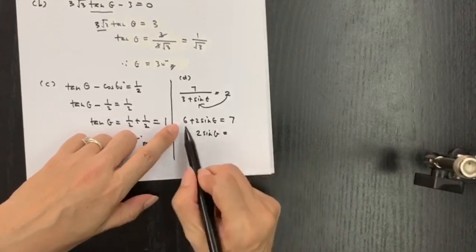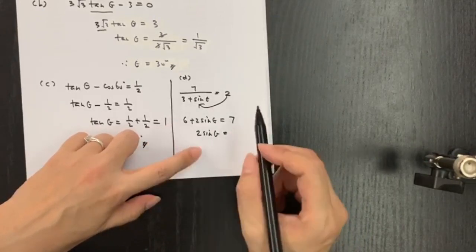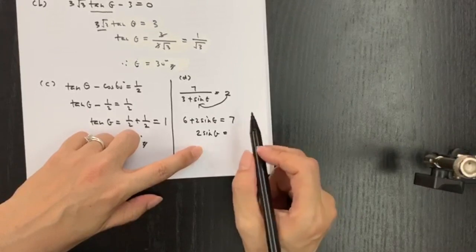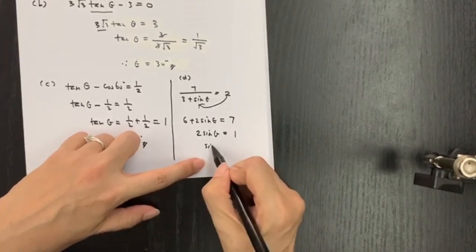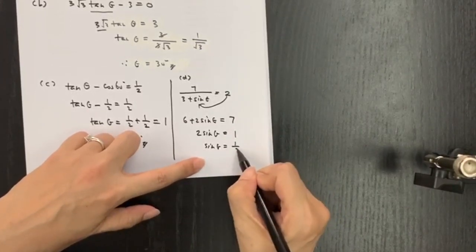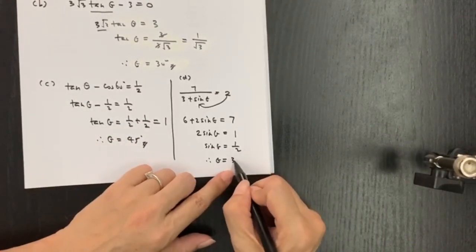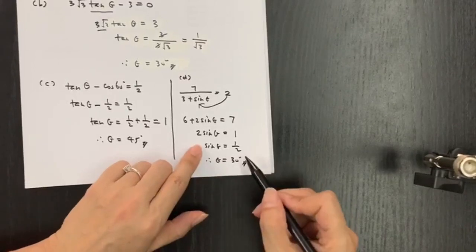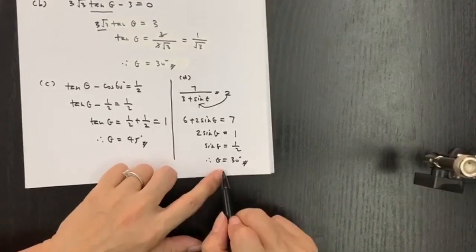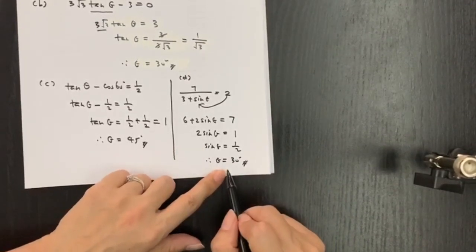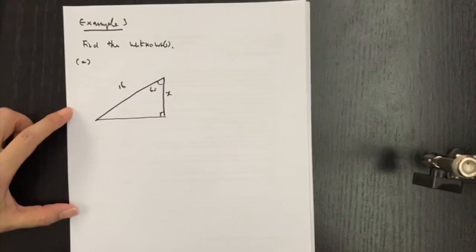Here we have 7, and then 6 moves to the right hand side, so that will be 7 minus 6, which is 1, so that I have sine theta is equal to 1 over 2. Okay, so what is theta? When theta is equal to 30 degrees, then sine theta is equal to 1 over 2. So this is how we find theta by solving the equation step by step.